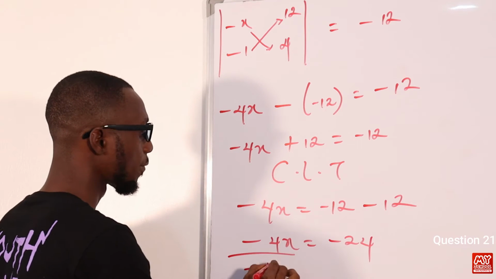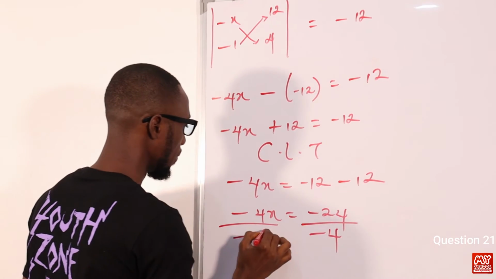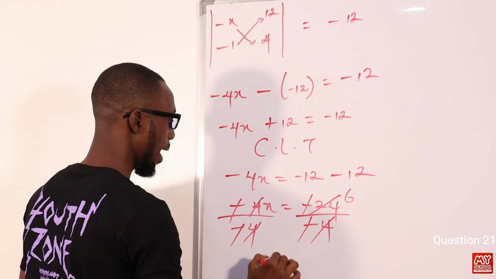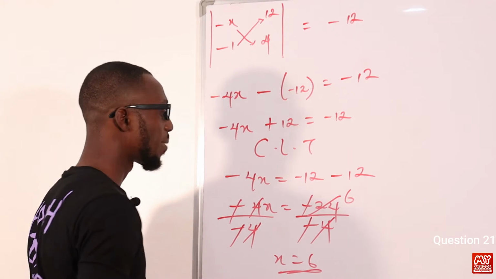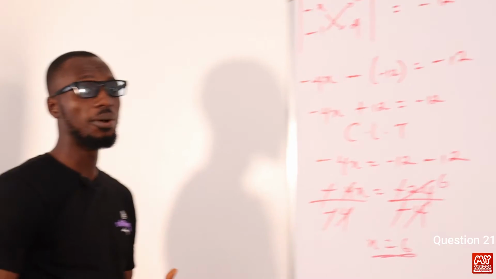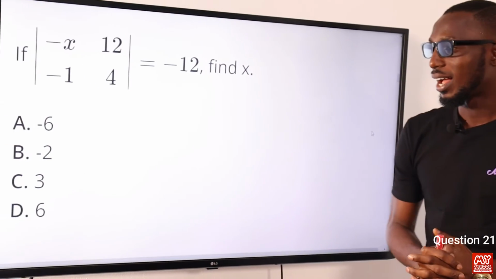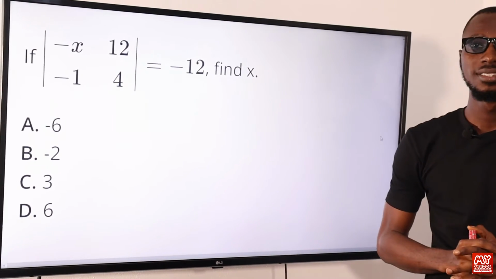Dividing both sides by minus 4, which is the coefficient of x, x equals 6. So let's go back to the screen to select the correct option. X equals 6. Which of the options is 6? That is option D. So option D is very correct.